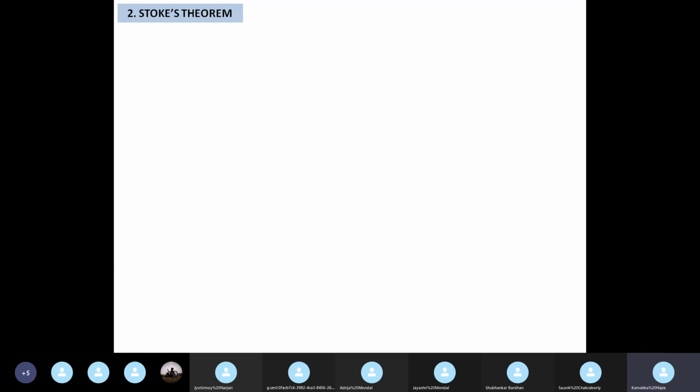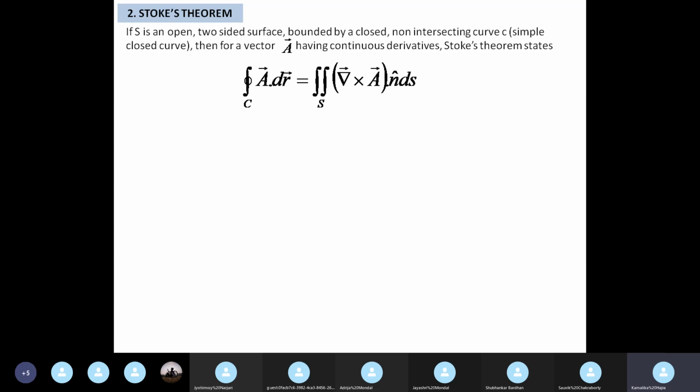So Stoke's theorem. What is Stoke's theorem? If S is an open two-sided surface bounded by a closed non-intersecting curve C, which is a simple closed curve, then for a given vector A having continuous derivatives, Stoke's theorem says closed line integral A dot dr is equal to surface integral curl A dot n cap ds.